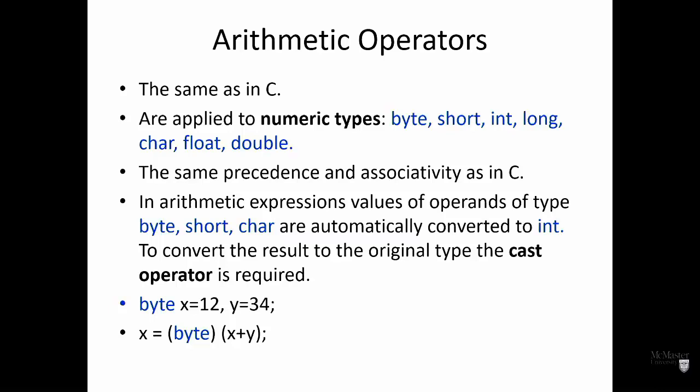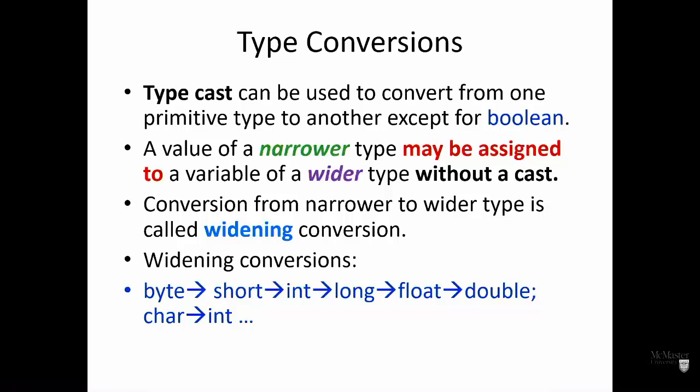With the example here, we have two variables of type byte. I told you yesterday a byte is an 8-bit integer, right? And then x is 12, y is 34. I add both in Java. Yesterday we discussed that byte, short, what else? We had a third one. Byte, short, and then int is 32-bit, and then we have the long int, which is 64-bit, right?